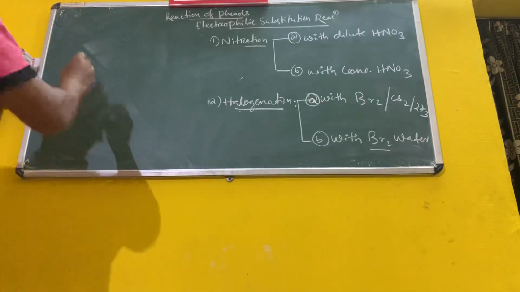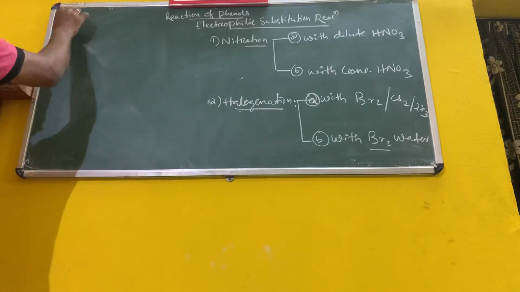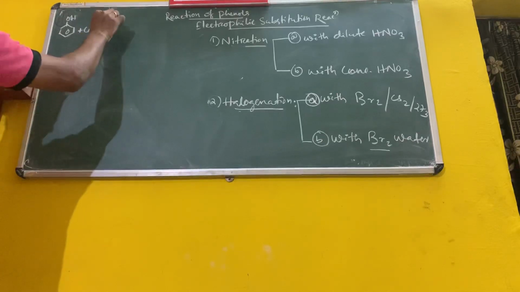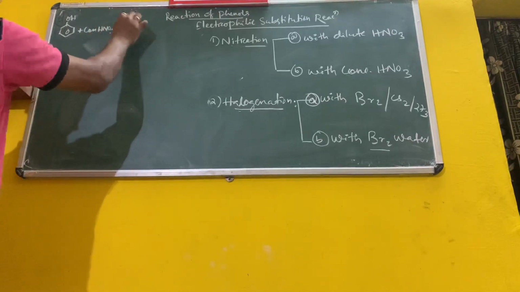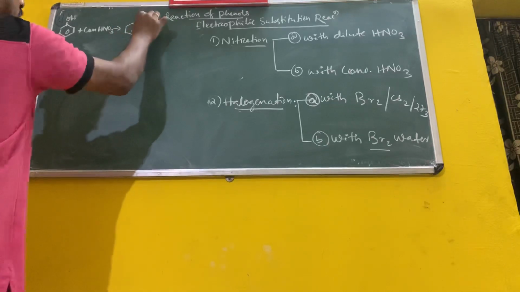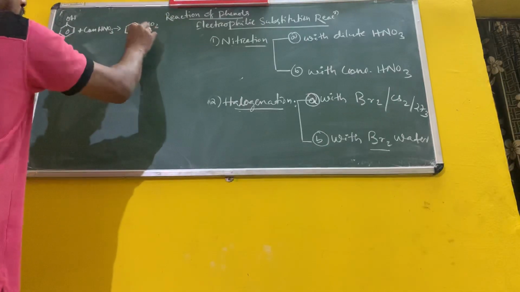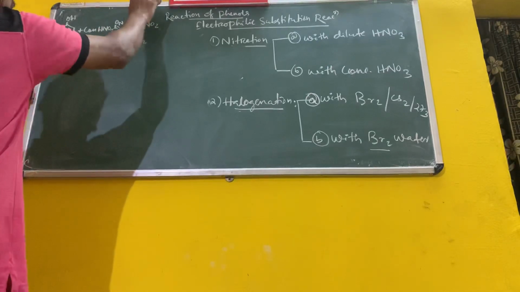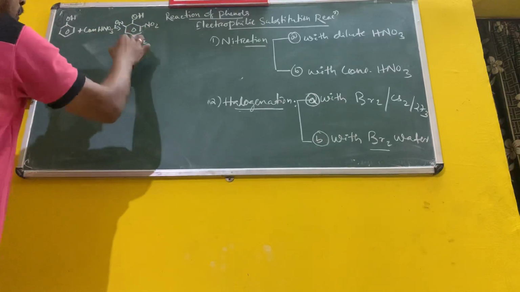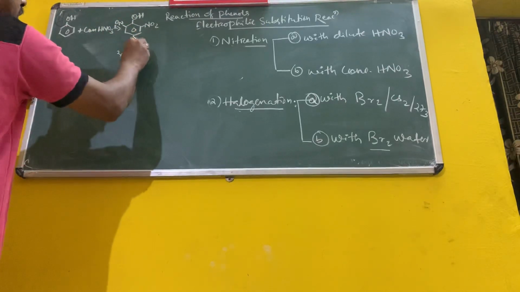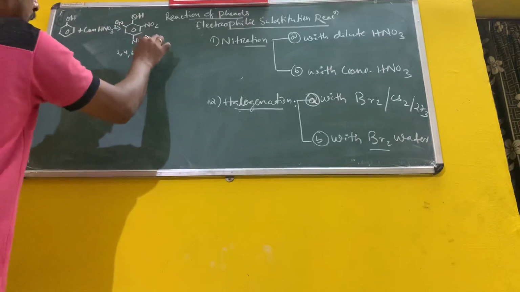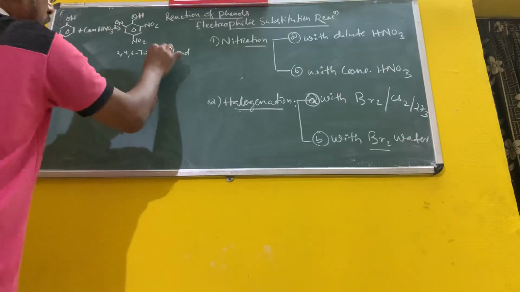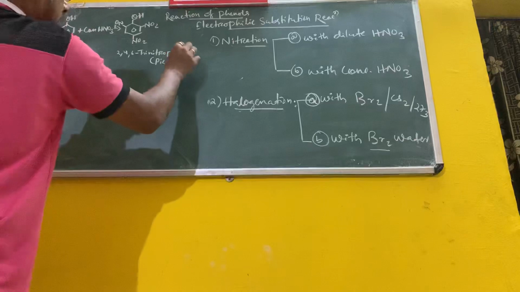So what happens with concentrated nitric acid? Phenol with concentrated HNO3 forms 2,4,6-trinitrophenol, that is also known as picric acid.